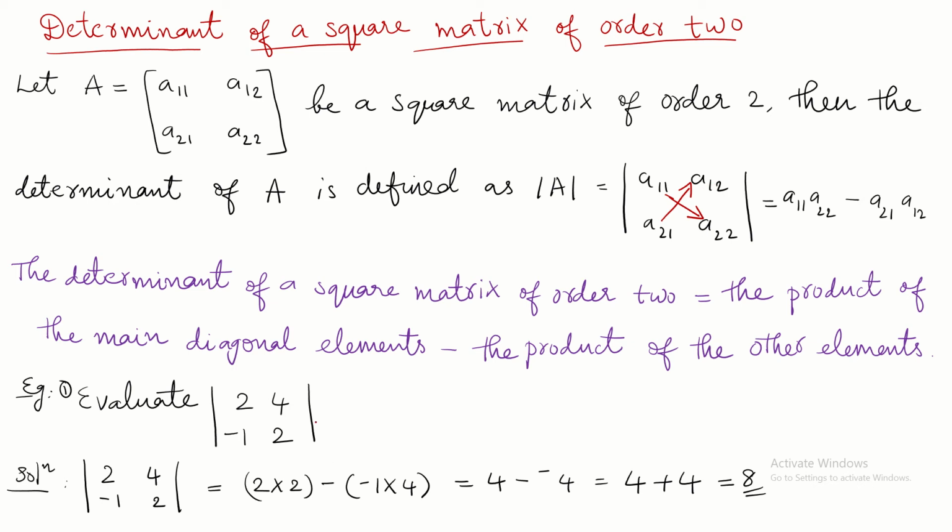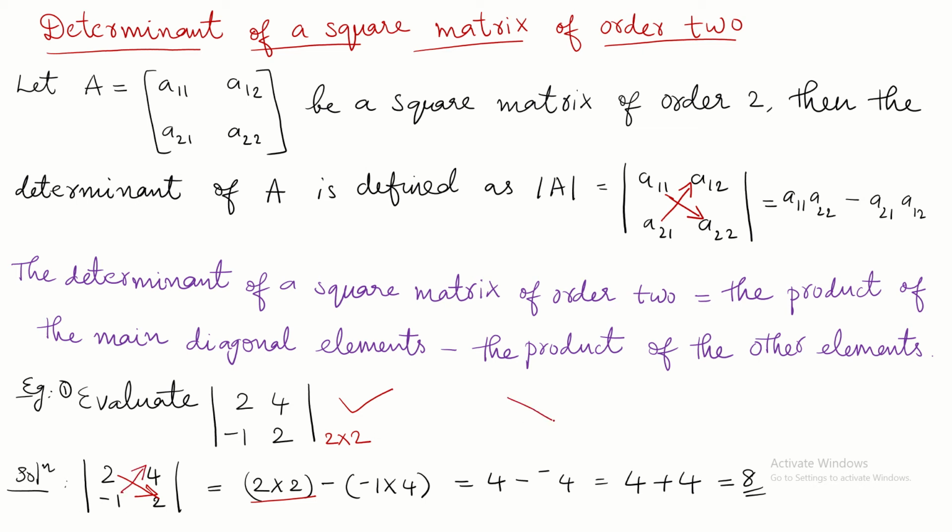Here I have given you a question. Evaluate the determinant 2, 4, minus 1, 2. I'll write the question as it is. You have to find the determinant value. This is a 2 by 2 matrix, as you can see on the screen. So here 2 into 2 minus 1 into 4.